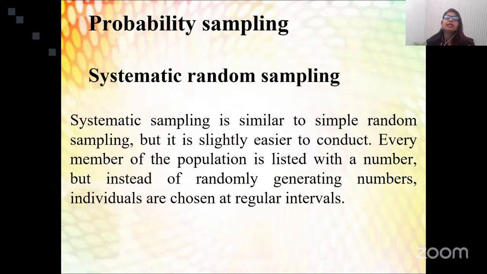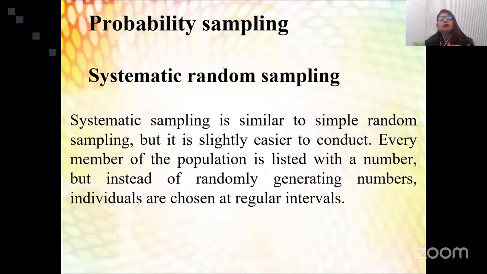Next is systematic random sampling. Systematic random sampling is somewhat similar to simple random sampling, but it is slightly easier to conduct and a slight change exists there. Here, every member of the population we have to list with a particular number, same as we do in simple random sampling.